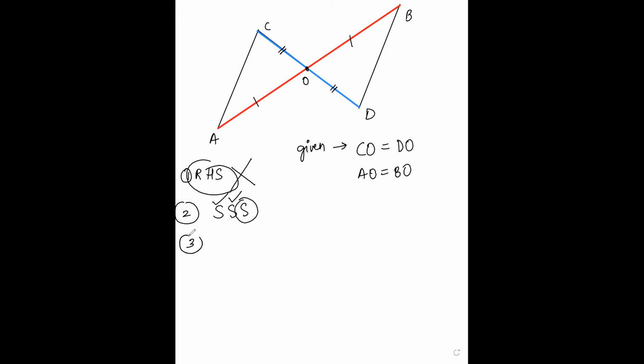Now the third rule that we learned was the SAS. Do you remember? Yeah, side angle side. So we have 2 sides. What about the angle between these 2 sides? Can you tell me the name of the angle between the 2 sides? 60 degree.